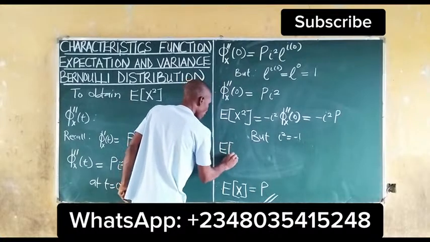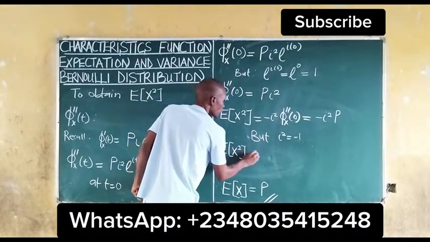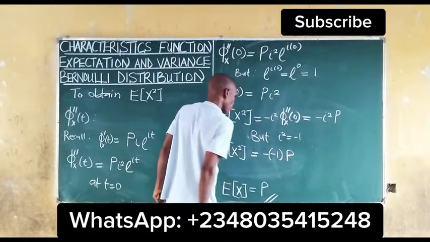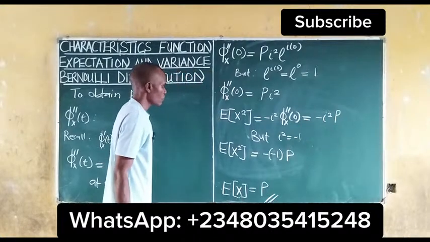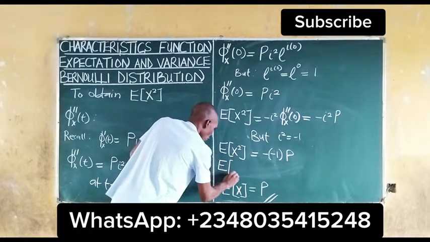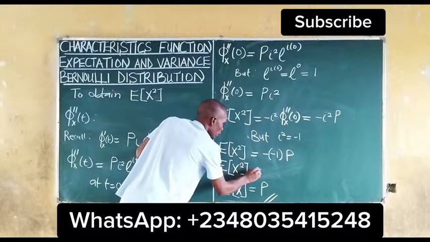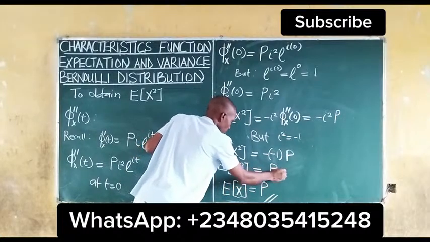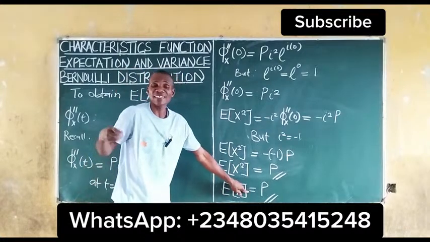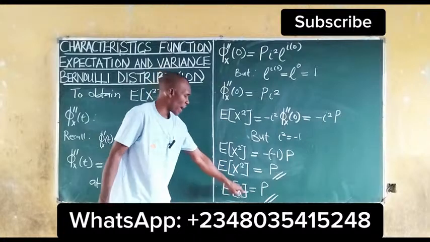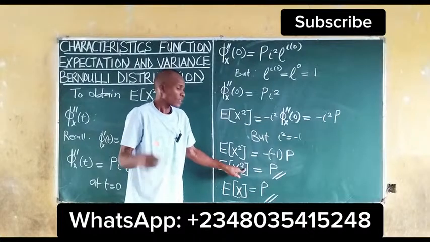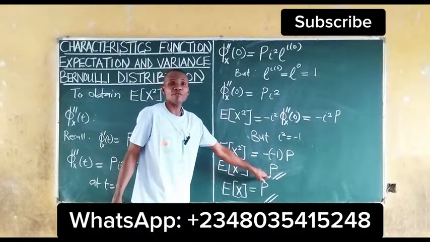So our expected value of x squared is equal to negative into negative 1 and p, which is the same p. So for the Bernoulli distribution, the expected value of x is p, while the expected value of x squared is also p.